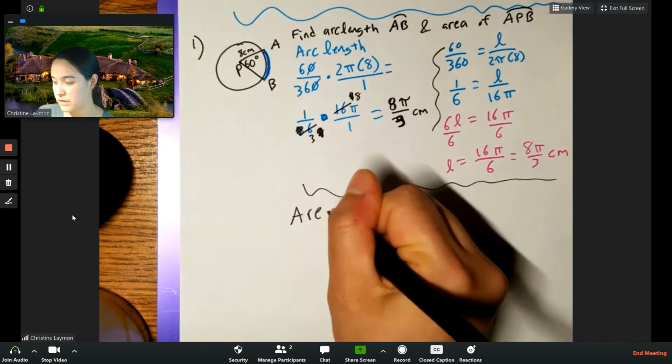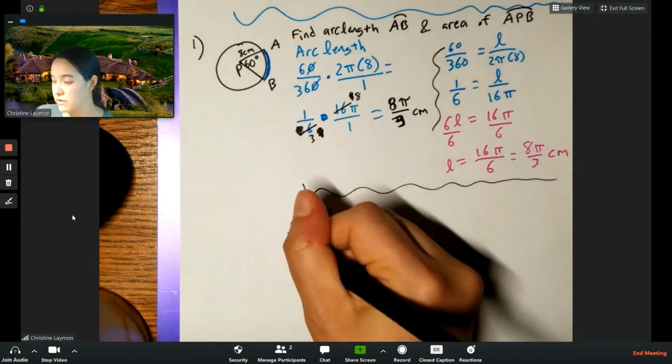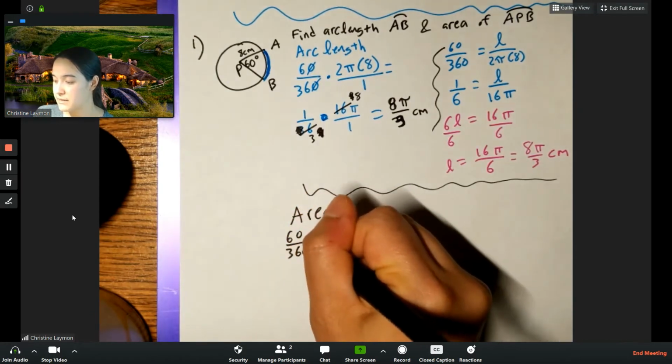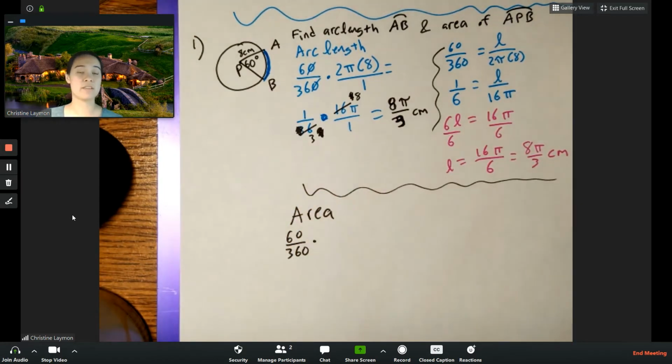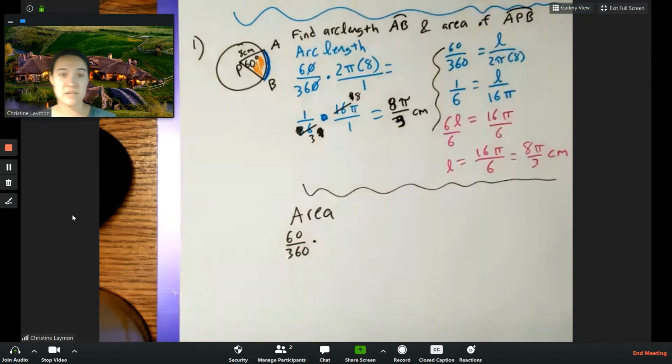So now looking at area. I'm going to start the same way. The fraction that I care about is 60 over 360 times the entirety of the circle. In terms of area though, pi r squared. Now again, the thing I'm trying to find right now is this section up here. All of this stuff, that's what I'm trying to find. So 60 over 360 times pi r squared.